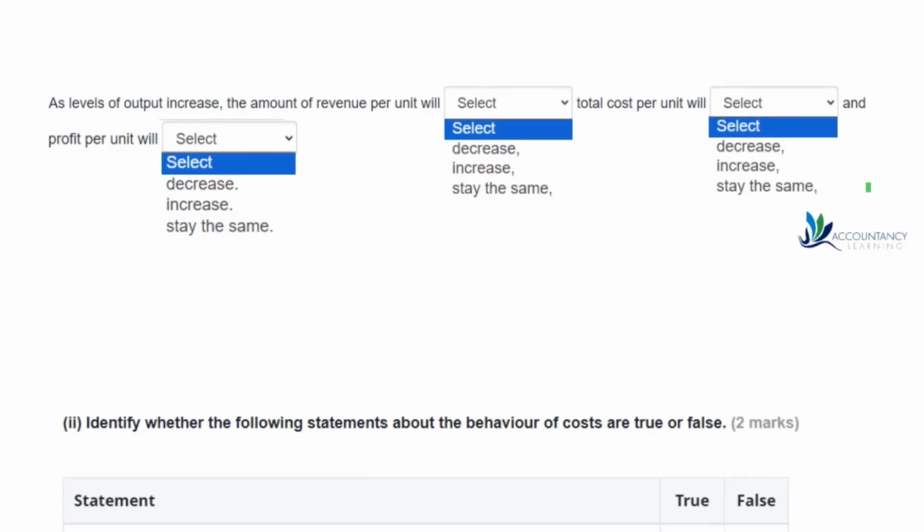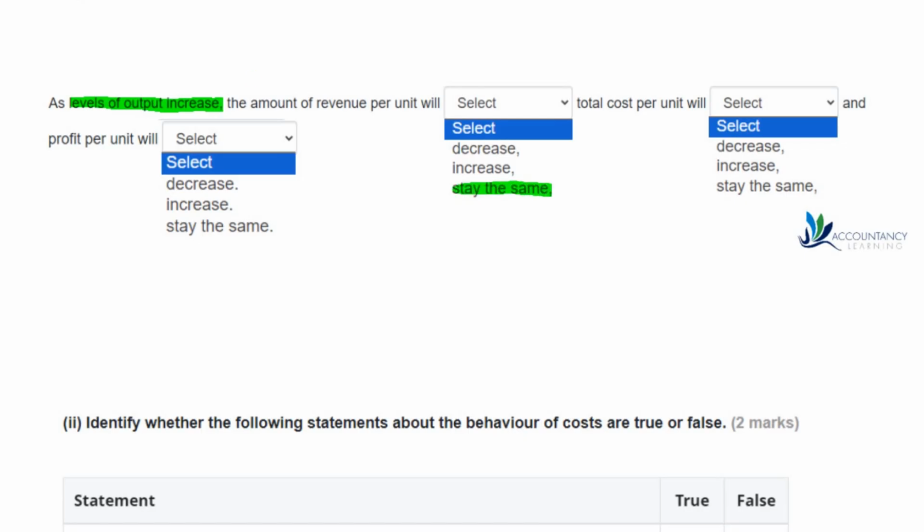The next question. As levels of output increase, the amount of revenue per unit will, and we've got decrease, increase or stay the same. Then total cost per unit will increase, decrease or stay the same. And profit per unit will decrease, increase or stay the same. So we're told levels of output increase, the amount of revenue per unit is going to stay the same.